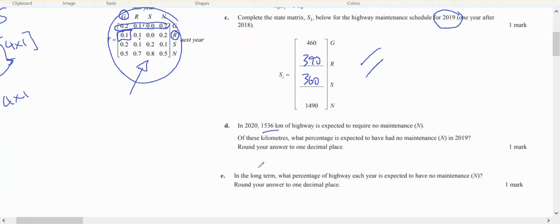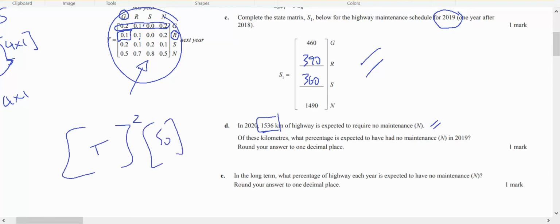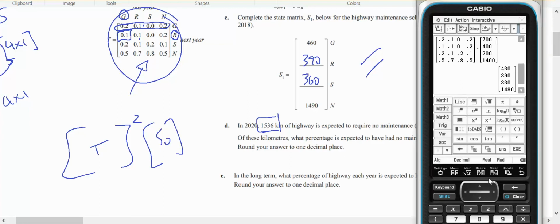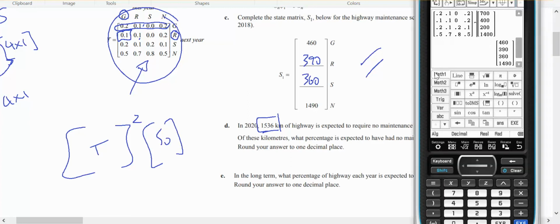In 2020, 1,536 kilometres are expected to require no maintenance. 2020, so if I do T twice against S0, that is, I come in there and I put a raised to the power of 2.